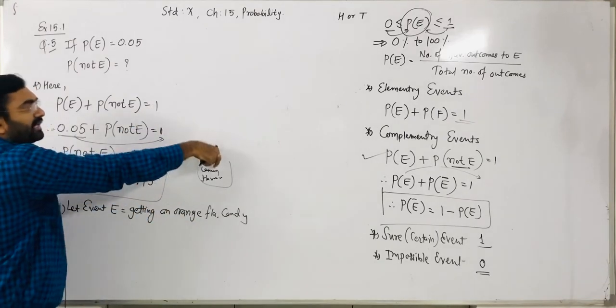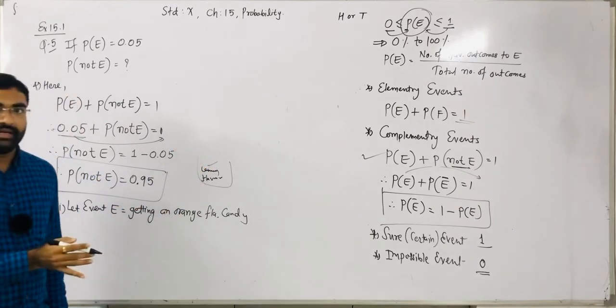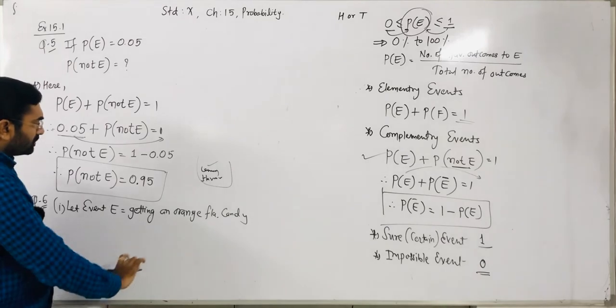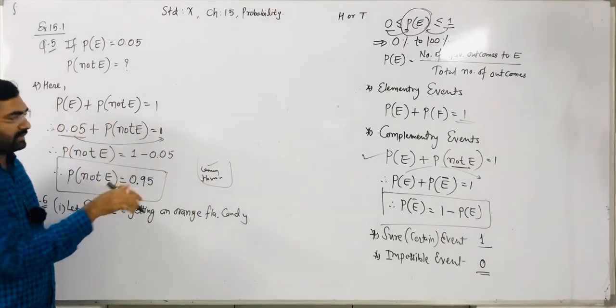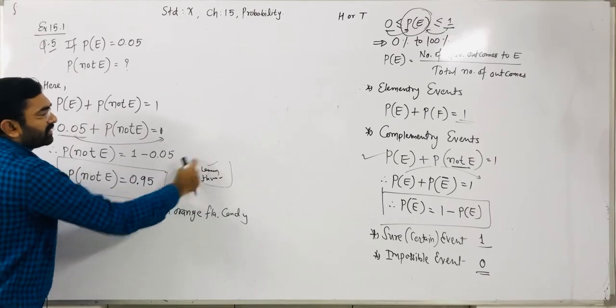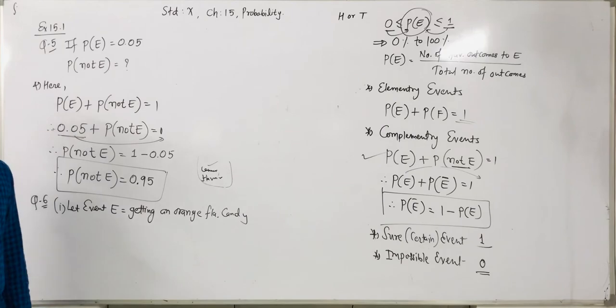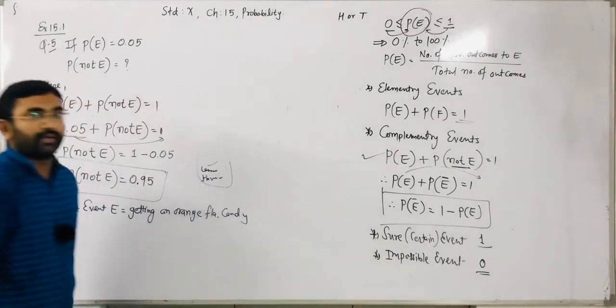Whenever you take any candy from the bag, you get only a lemon flavor candy. You never get an orange flavor candy from the bag, because in the bag only lemon flavor candies are there. So that event can never happen. An event that never happens is what? It is an impossible event, right?